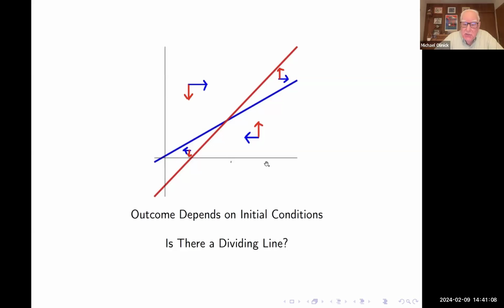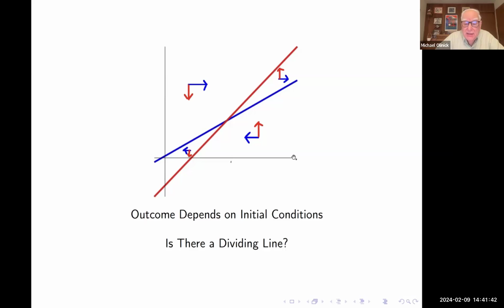So one of the questions that students might ask is, if we start out in one of these ambiguous zones, we know that for some points we wind up in mutual disarmament. For other starting points, we wind up in a mutually escalating arms race. Is there some dividing line so that if we're above that line, initially we will move into the region of mutual escalation, and if we're below that line, we would move down here?